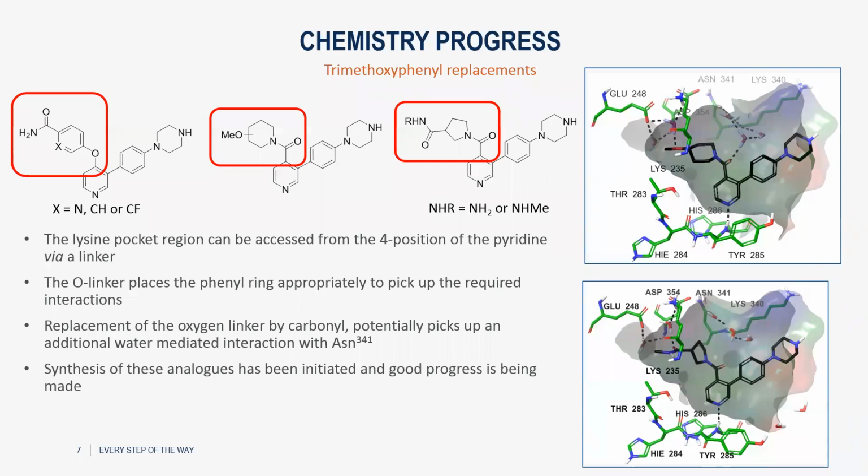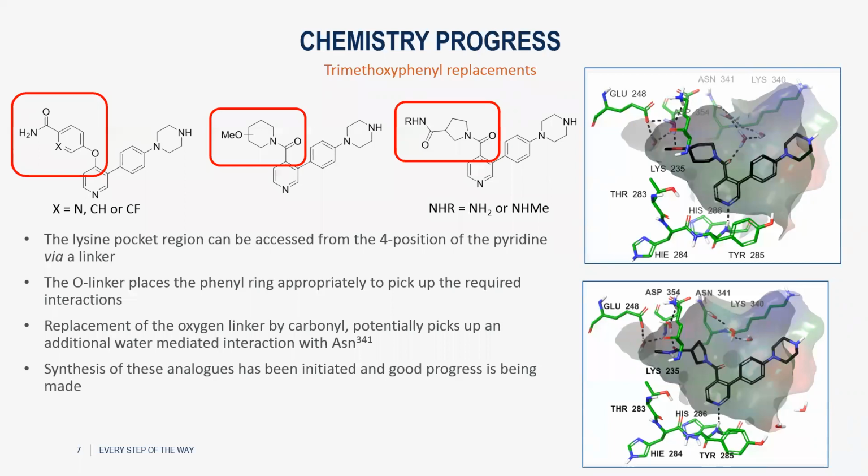The docking pictures on the right-hand side show the carbonyl, which has an interaction with the asparagine, I think it is. And again, synthesis of these is in progress. These are being prepared by some of our new starters that have just joined us very recently, which is great news. So they're making reasonable progress.